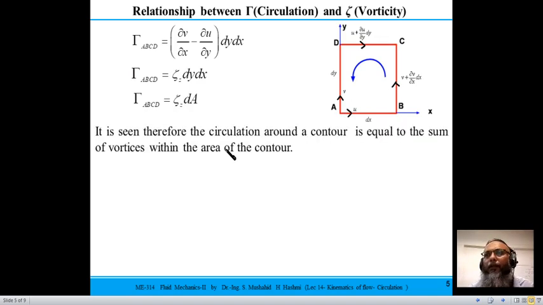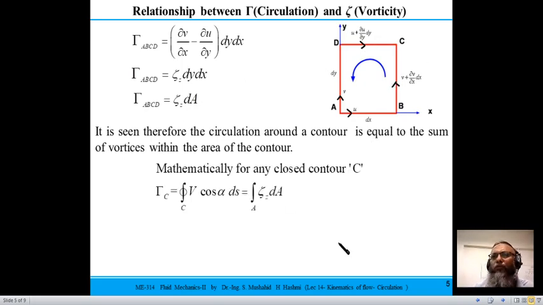So we can see that the circulation through this closed contour is the sum of the vortices, because this closed contour comprises several fluid particles, and different fluid particles are rotating around their own axis. That is represented by means of a vorticity vector. So circulation represents the summation of all the vortices present within the closed contour.